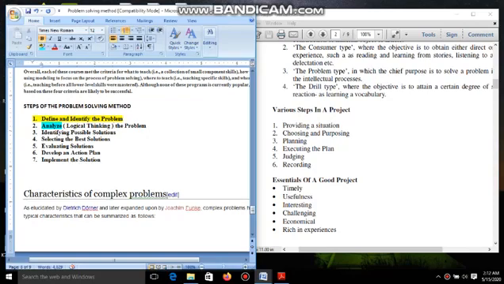Next, the third step is identifying the possible solutions.